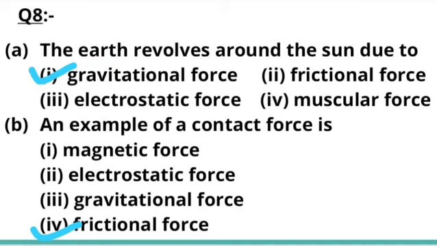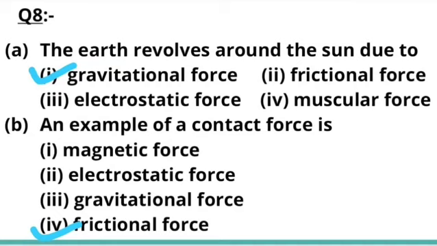Third option is gravitational force. Gravitational force is the force by which any object is attracted towards the earth. It is also a non-contact force. And the last option is frictional force.